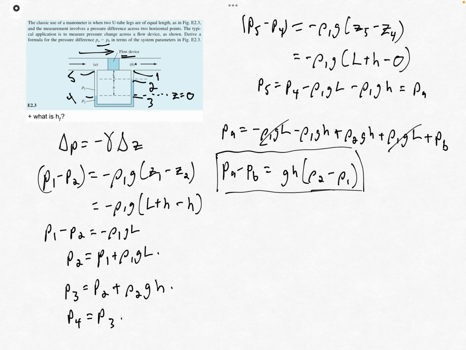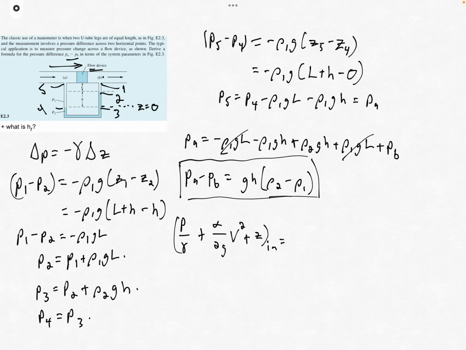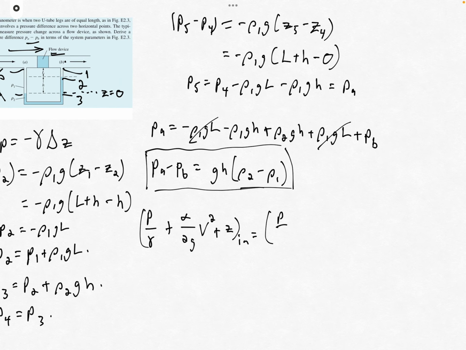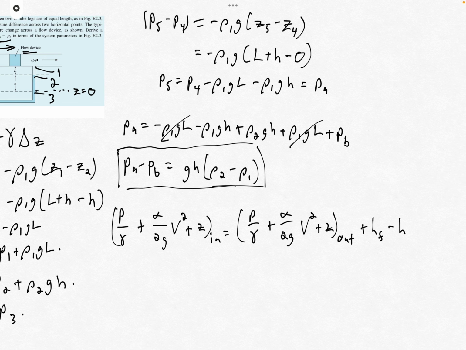So we're going to say P over, let's leave it as gamma for a second, plus alpha over 2G V_A squared plus Z in is equal to P over gamma plus alpha over 2G V_B squared plus Z out plus HF minus HP plus HT, where HP and HT are the energy associated with a pump or turbine.